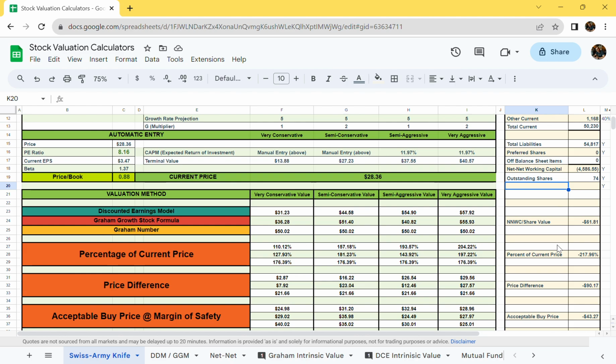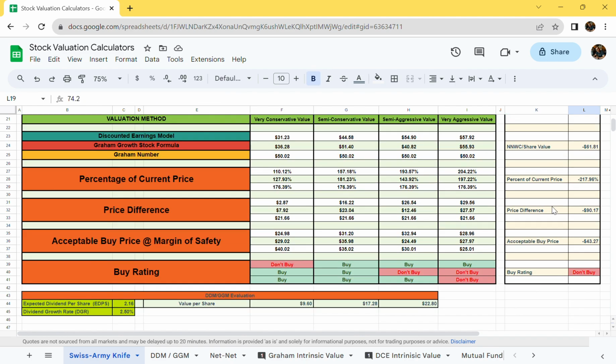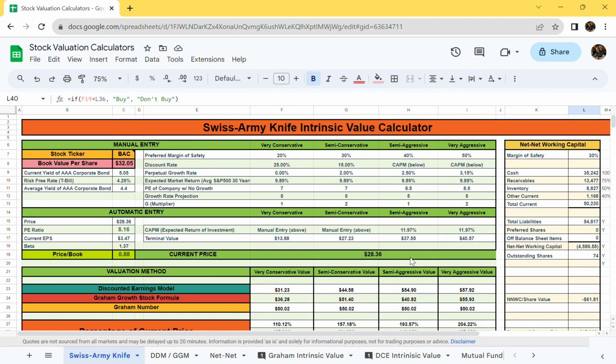We then would find that value, divide it by outstanding shares, and that's going to bring us to the current intrinsic value. Again, take our margin of safety to get a buy price, and then we get a buy rating. So that's just more something for myself that I enjoy messing around with.